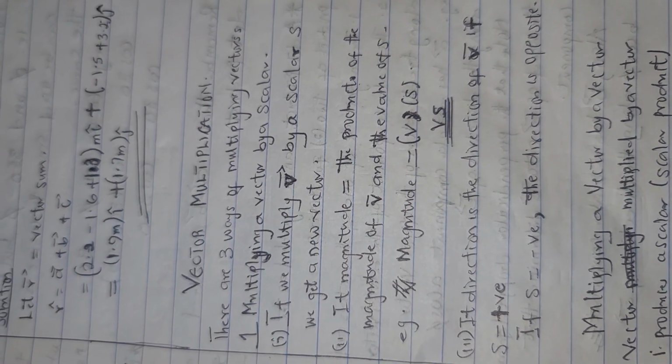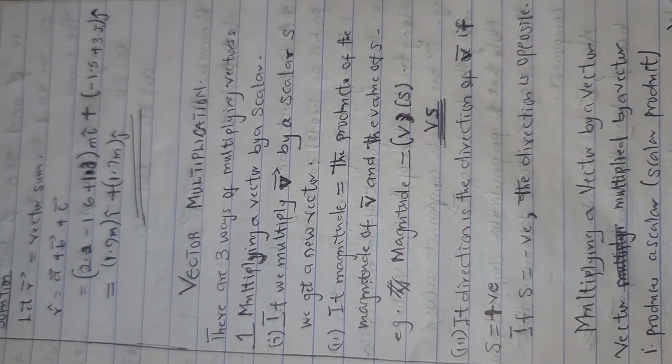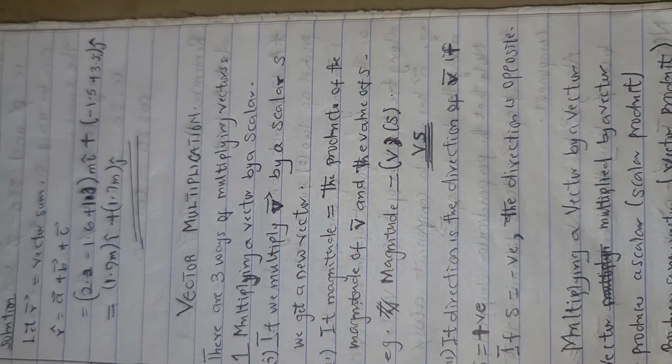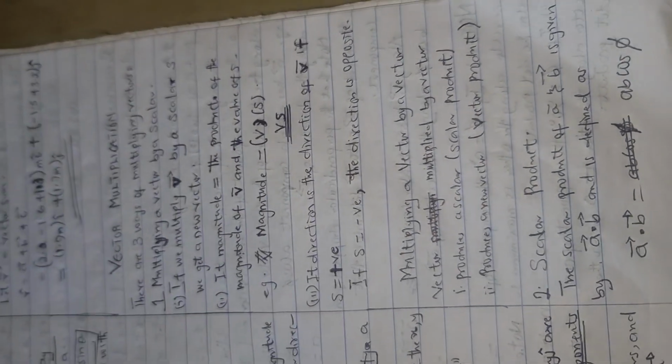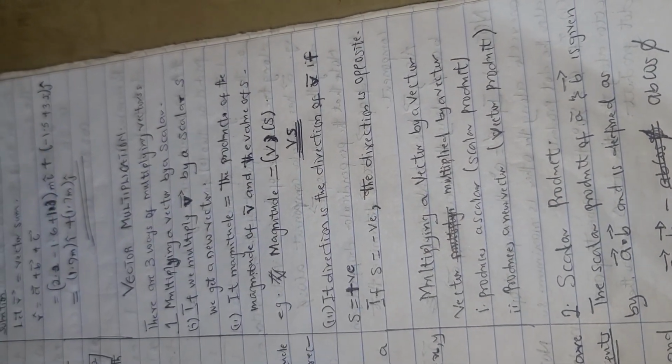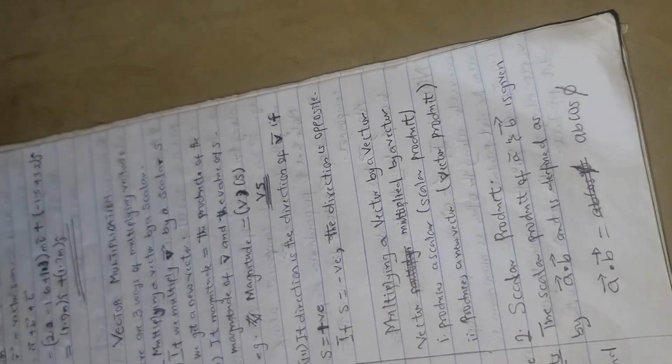Its magnitude equals the product of the magnitude of the vector and the absolute value of s. The direction is the direction of the vector if s is positive, but in the opposite direction if s is negative.